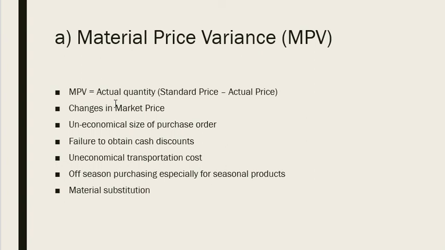The variance represents the excess cost or savings resulting from the purchase of direct material at prices above or below the standard price set for the material. If you have paid the vendor less than the standard price you have set, no problem. But when you are paying more than the standard price, it is an adverse situation. As you all know, what is the meaning of adverse? It is a situation where you are bearing a loss.